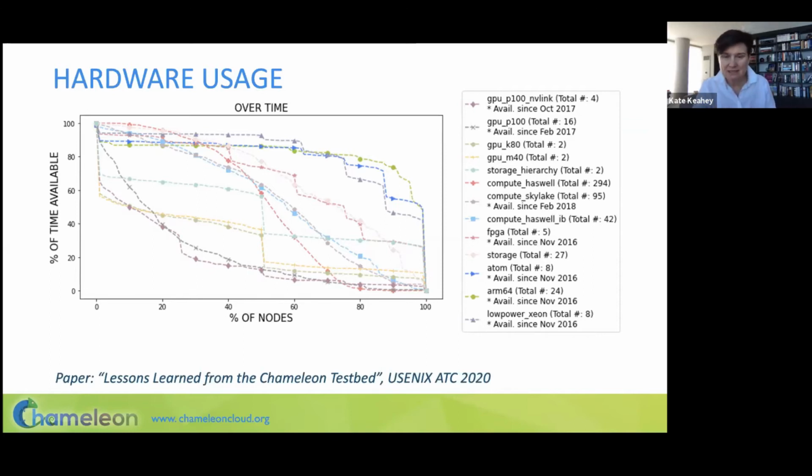So in a cloud and experimental system like Chameleon, somewhere around 50% utilization is probably optimal, and should be the target. Right now, we are utilized above the target.